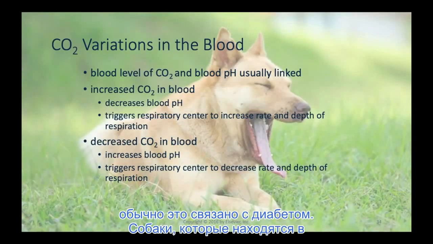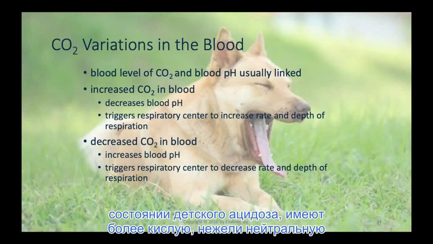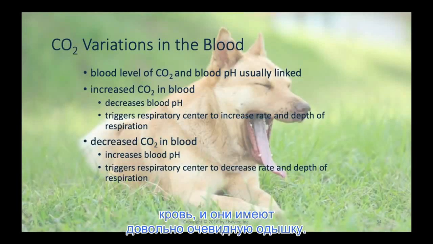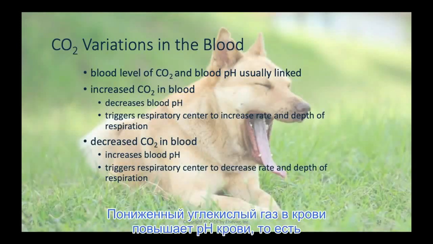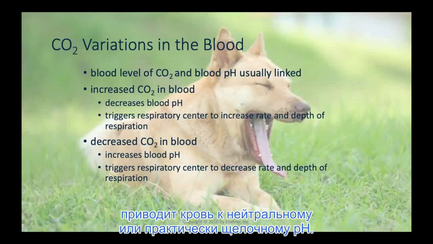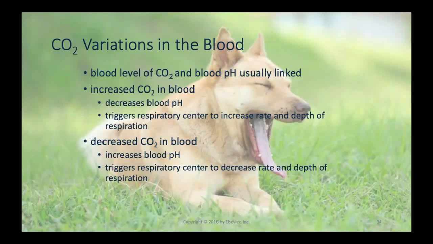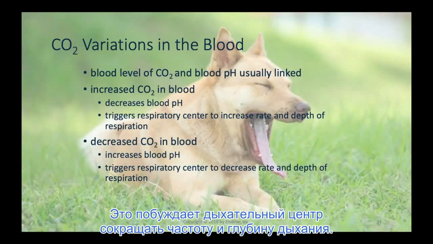Dogs who are in a diabetic ketoacidosis state, their blood is more acidic than neutral, and you'll see them panting quite significantly. So the panting here is a compensatory mechanism. Decreased carbon dioxide in the blood increases the blood pH, bringing it up to more of a neutral or borderline alkaline level. This triggers the respiratory center to decrease the rate and the depth of respiration.